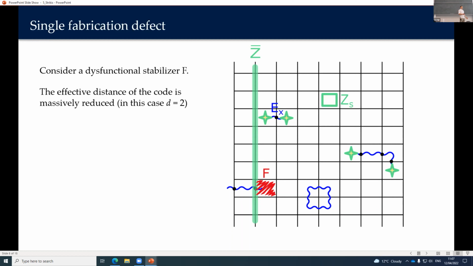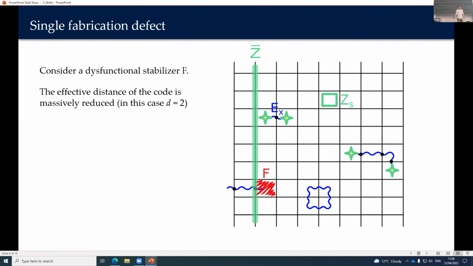In coding theory terms, these errors map the state from the code space to the code space. It's not detected, and we end up with a logical error, which is also represented by the crossing of the Z logical operator shown here on the left.